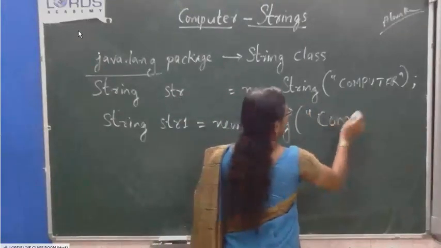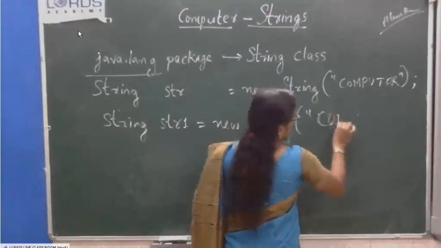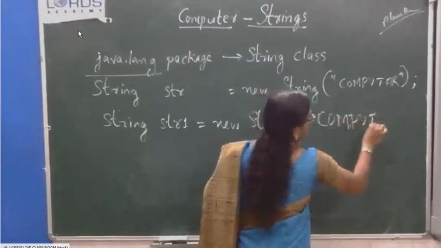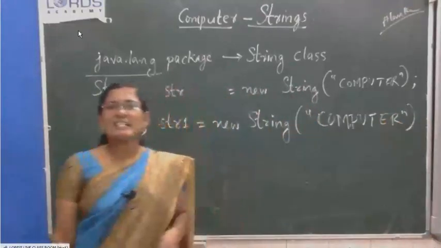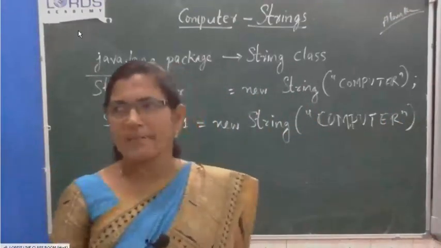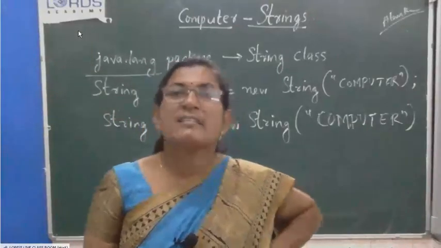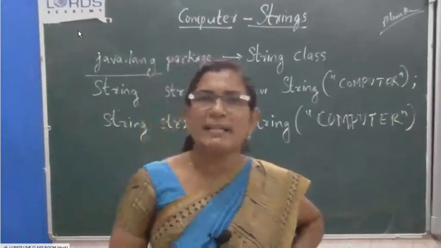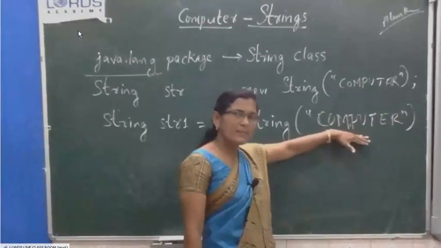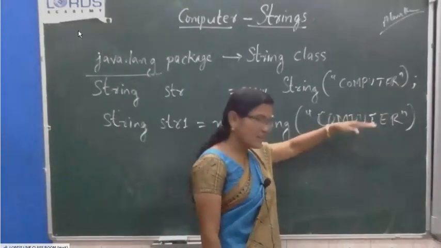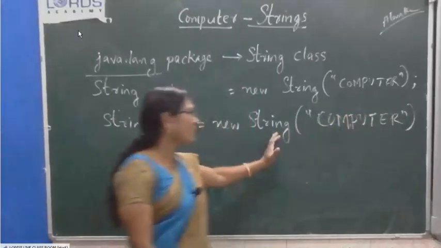So, I am passing the string computer to the constructor. In the string class there is a parameterized constructor defined by Java. Because of that you are able to pass a string constant as an argument to the constructor.